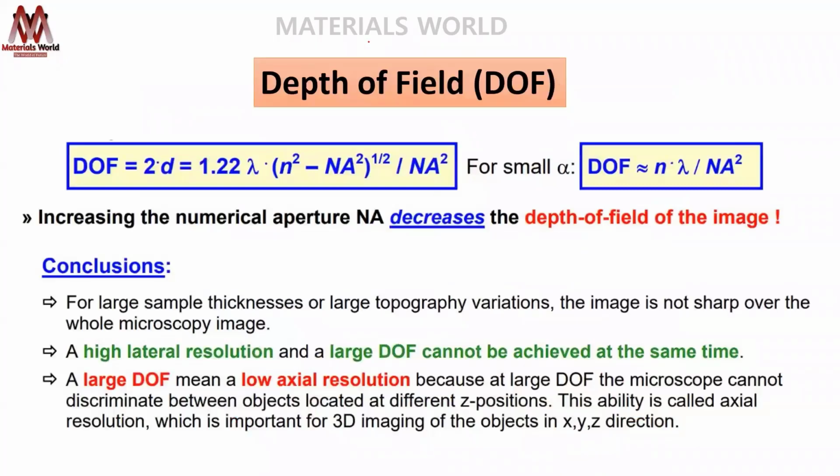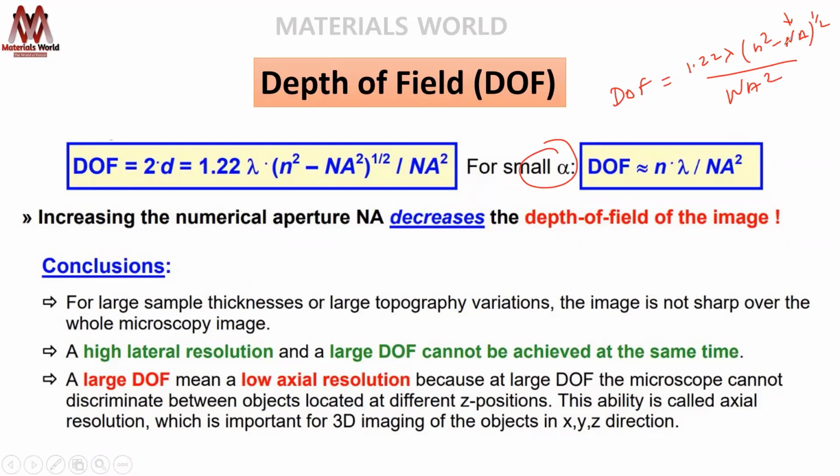How is depth of field related? Your depth of field is related to 1.22 lambda times (n squared minus NA squared) to the power half, divided by NA squared. Normally alpha is very small, that is the half conical angle. Alpha is very small, so NA will be very close to 0.